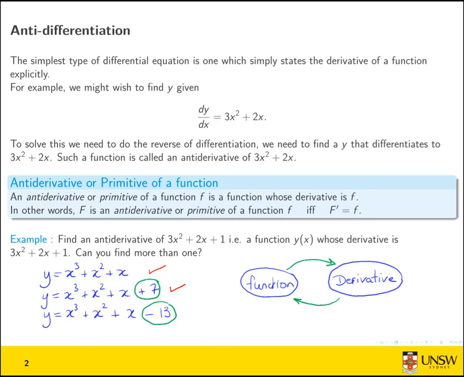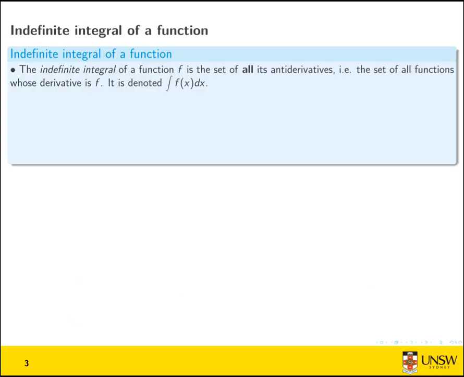For that reason, instead of trying to find the function that has been used to generate the derivative, we decide to find all the antiderivatives at once. We decide to give the set of all the antiderivatives of a given function a name. We call it the indefinite integral. It's indefinite in the sense you can't really know what function it is, it's a set.